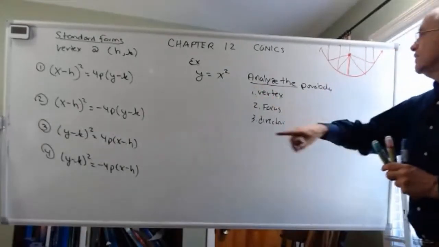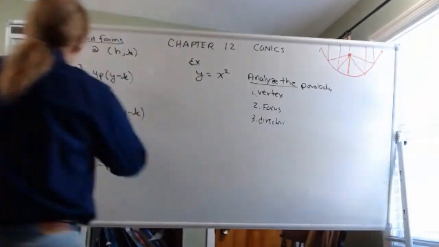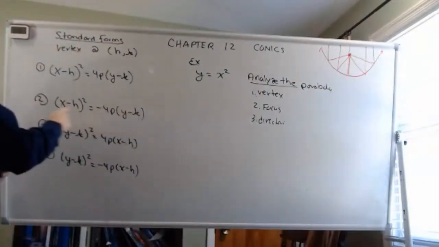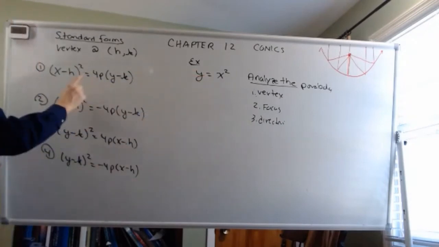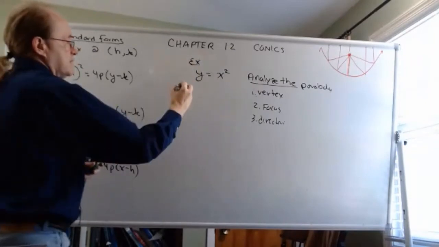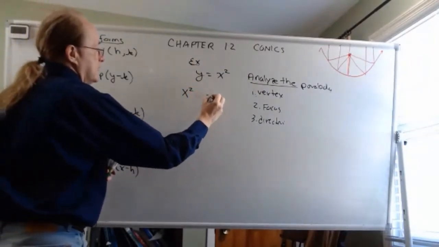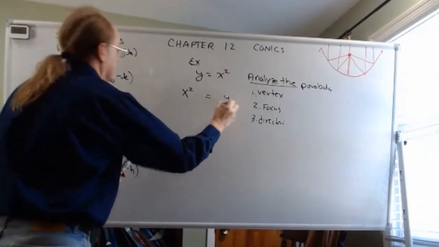Okay, so let's analyze this one. We're looking over here, and you're comparing the two. The closest comparison, I have an x squared, and it's positive. So if I'm looking at this, let's flip it to the other side. I get x squared is equal to y.